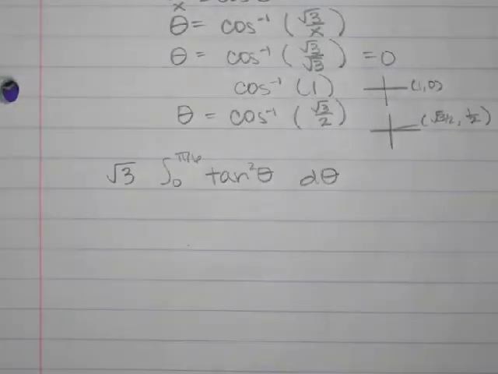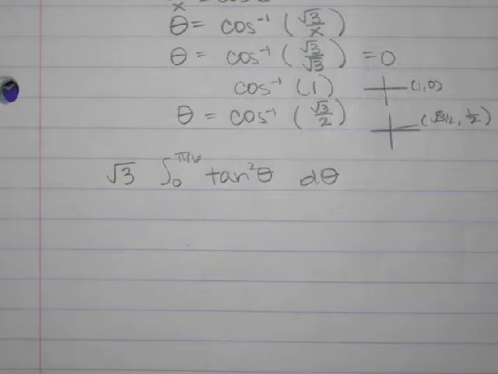Is tan squared the derivative of something? Not quite, right? Do you guys remember, this is going to take you back. Remember when we were doing that unit and we talked about if you have different powers of trig functions, what you do with those powers?